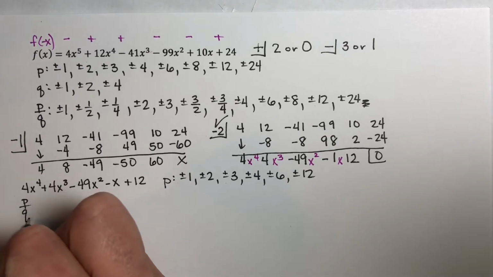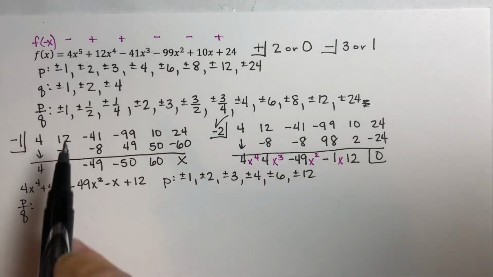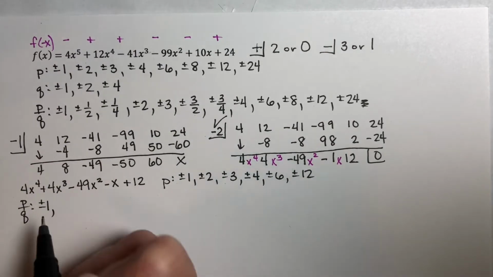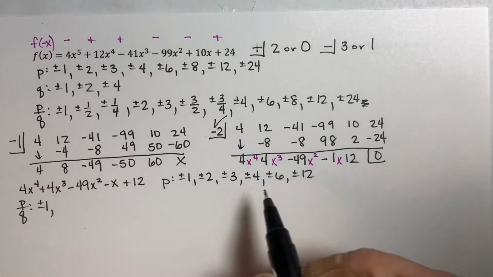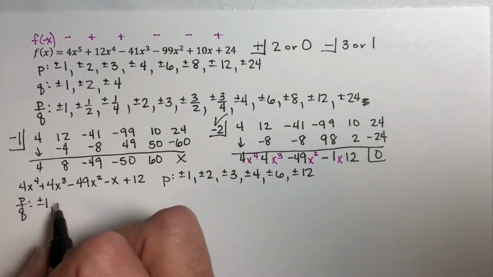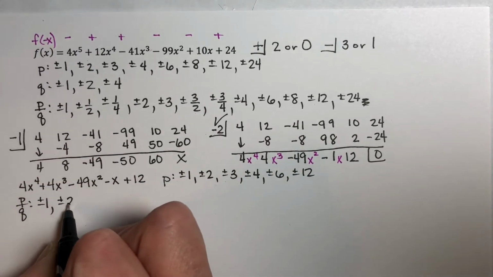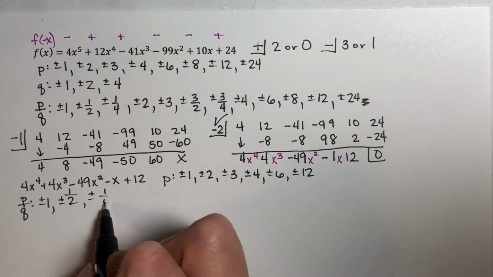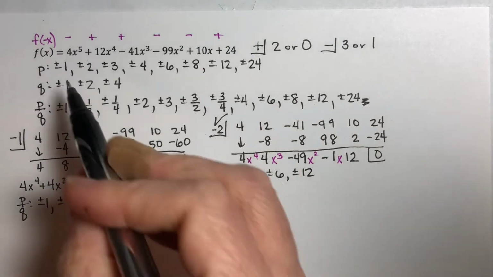My new p over q possibilities are 1 over 1, 1 over 2, plus or minus 1/4. And then I have 2 over 1.